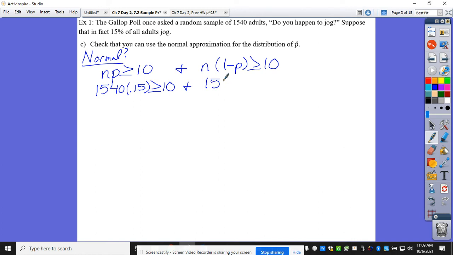What's 1 minus p? What is 15% of 1540? Which leaves how much over here?